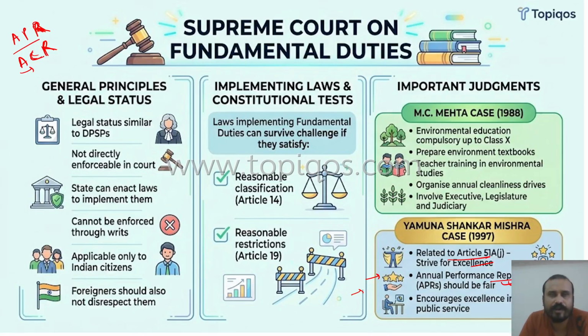If a biased person, who has not performed but has used his contacts to influence his APR, is promoted, that person will not lead to excellence in services. So it said that this bias should be reduced and it should be made objective, to encourage excellence in public service. So this was the case here.